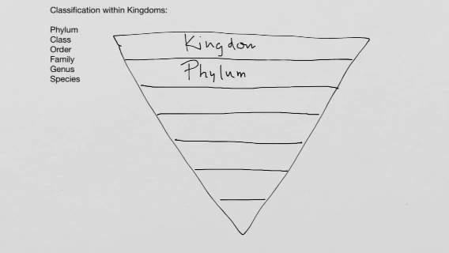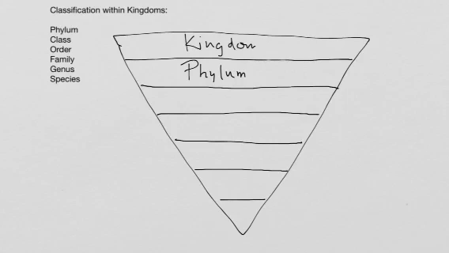And within each of these phyla, there's a further division. So if we look at human beings, we belong to Kingdom Animalia, and we belong to phylum Chordata, which means essentially with a cord. They're referring to the fact that we have a spinal cord.